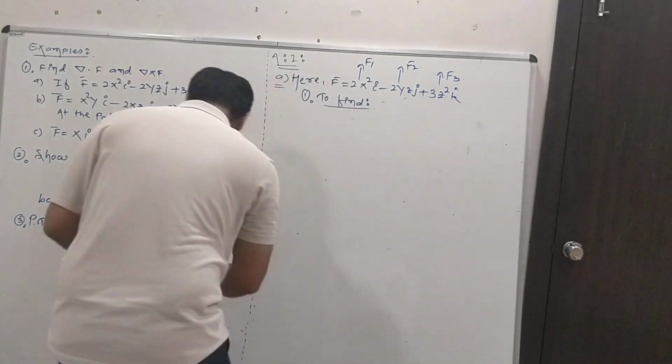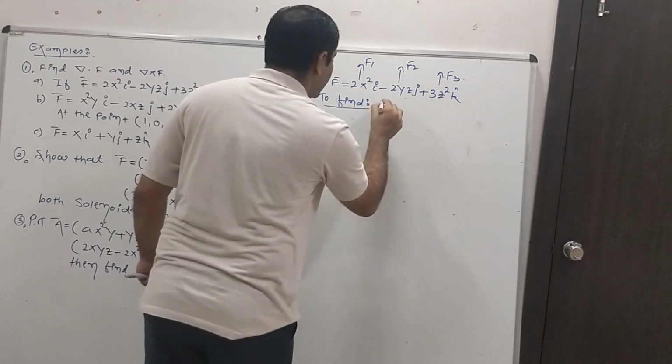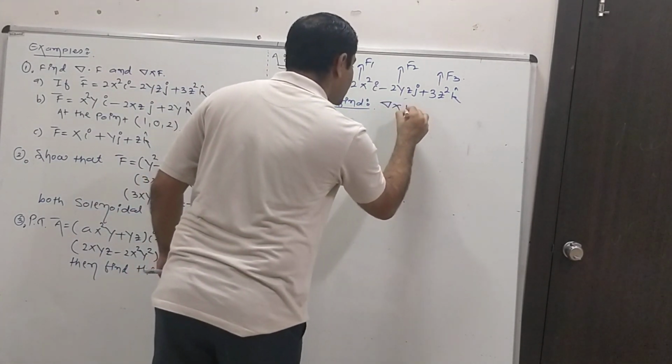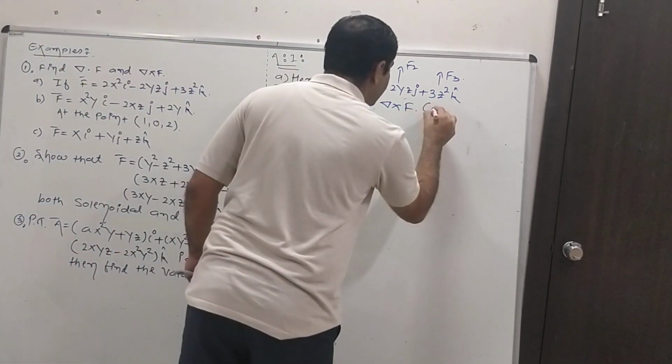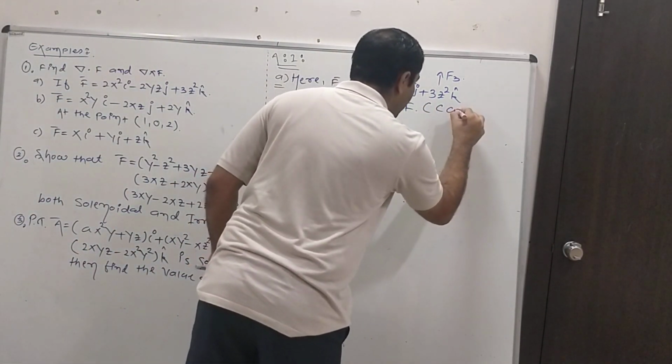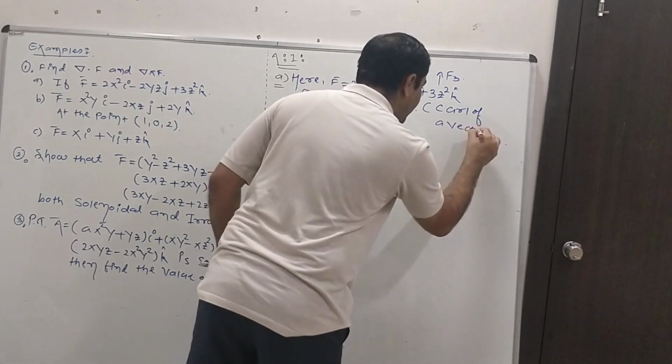So how can you find del cross f? Del cross f gives us the curl of a vector.